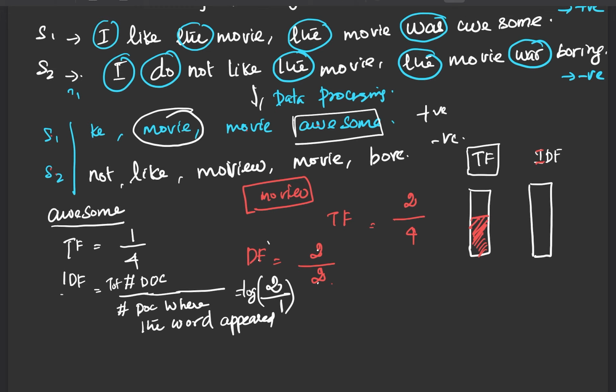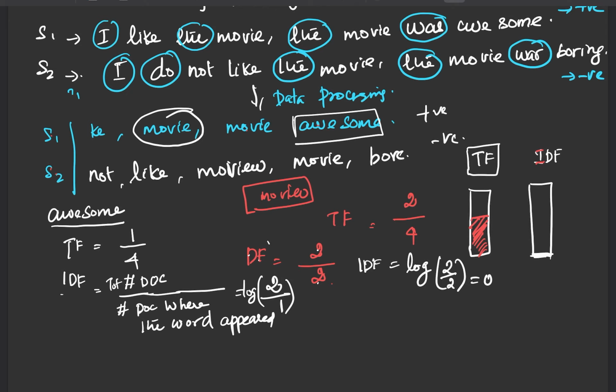So what is the inverse document frequency for the word movie? Document frequency is 2 by 2, and the inverse document frequency for movie is just taking the log of the ratio 2 by 2. What is the log of 2 by 2? It's log 1, which becomes 0. So the inverse document frequency is empty here, no value.